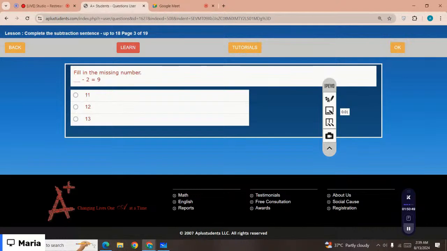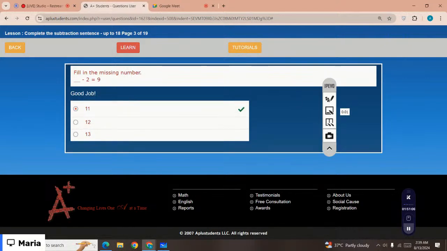The correct option is 11 take away 2 is, sorry, the missing number is 11. 11 take away 2 is 9. Option number 1 is the correct option.